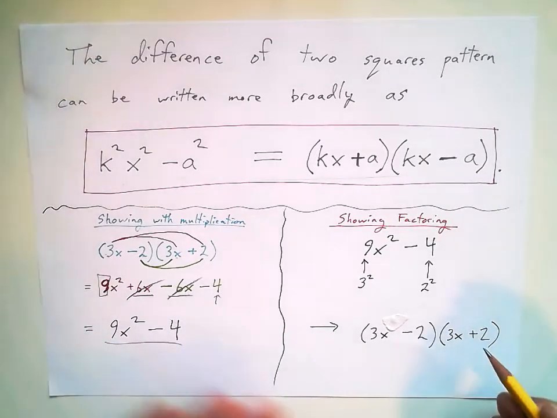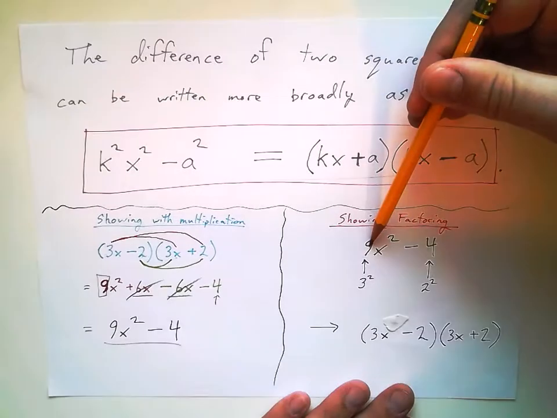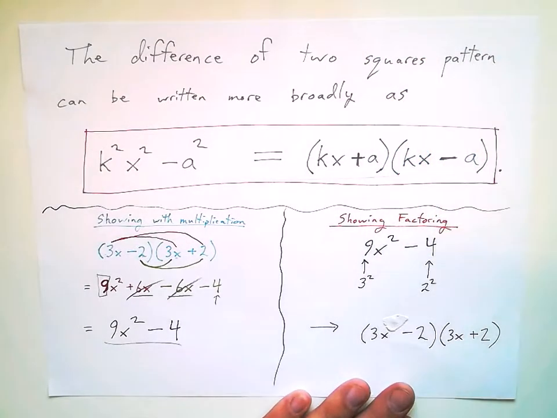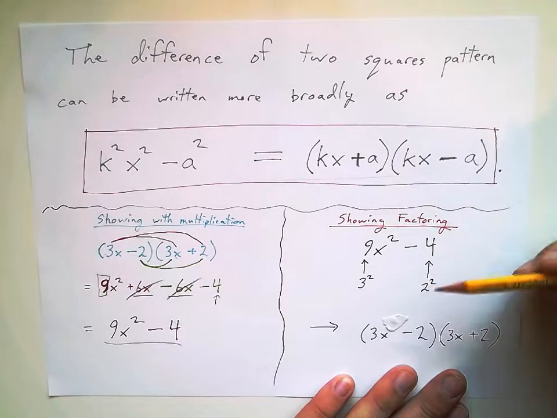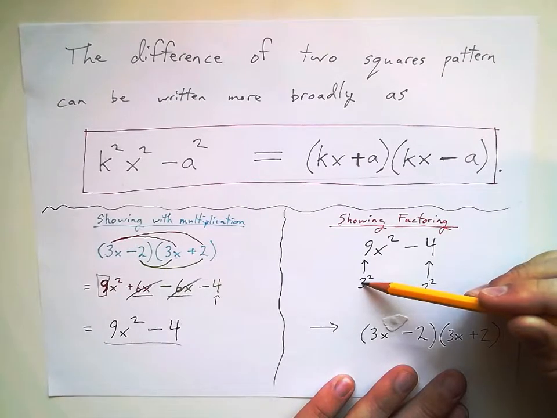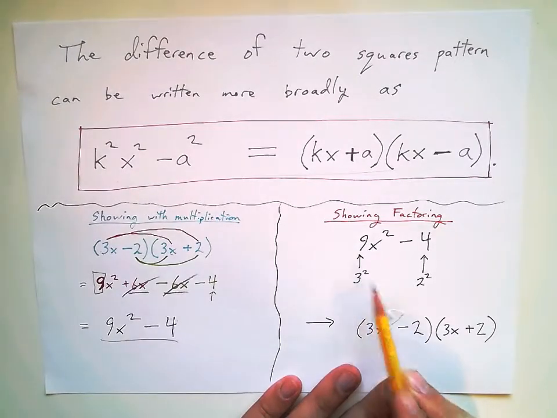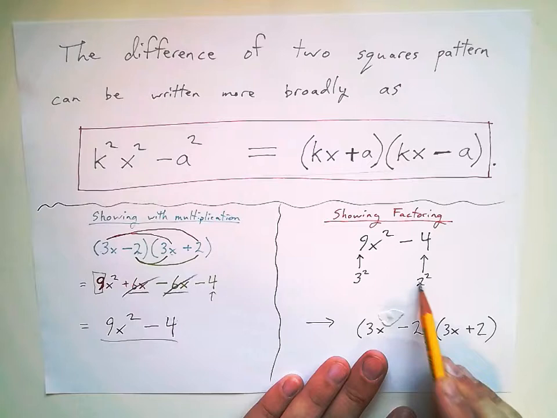So when you're factoring and it's got a number squared times x squared minus a number squared, you're going to say 4 is 2 squared and 9 is 3 squared. So I'm going to have 3x minus 2 times 3x plus 2.